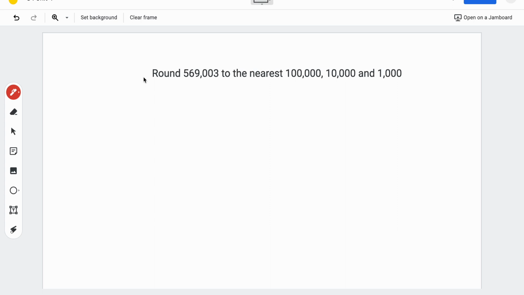Okay, let's do this last exercise. And this was from the cool down. So we're going to round this number 569,003 to the nearest 100,000, to the nearest 10,000, and to the nearest 1,000. So to round it to the nearest 100,000, we're going to go to the 100,000th place. We're going to go to the 5. The value of this 5 is 500,000.